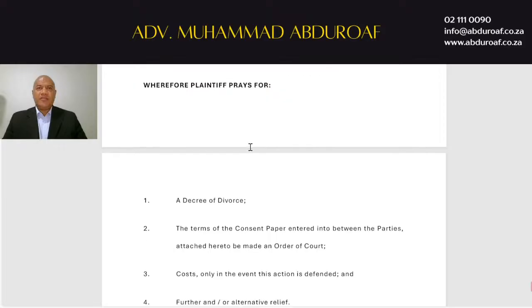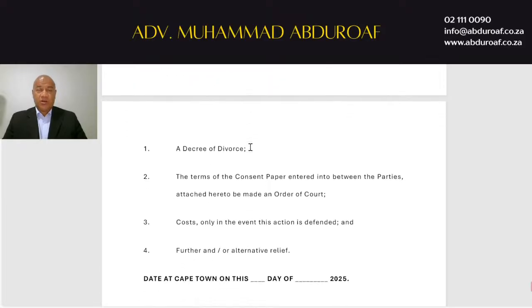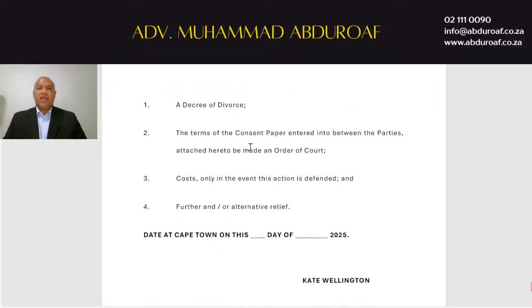Wherefore, plaintiff prays for, now this is what she asks for from the court, a decree of divorce, and that the terms of the consent paper entered into between the parties, attached hereto, be made an order of court.